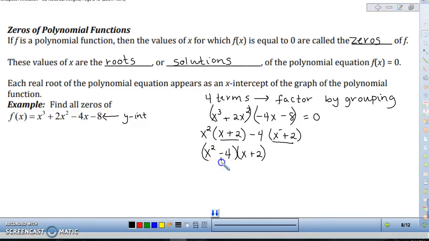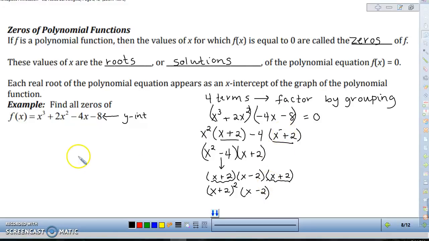That is a difference of perfect squares, so we are going to factor that further into x plus 2 and x minus 2. And then we have that additional x plus 2. So if you take a look, I've got the same binomial here. So to clean up how we write these, we're going to write this as x plus 2 quantity squared times x minus 2.